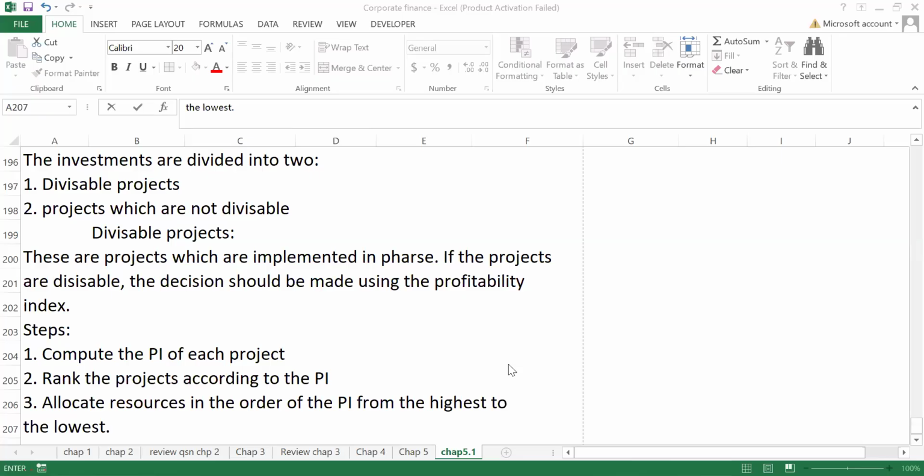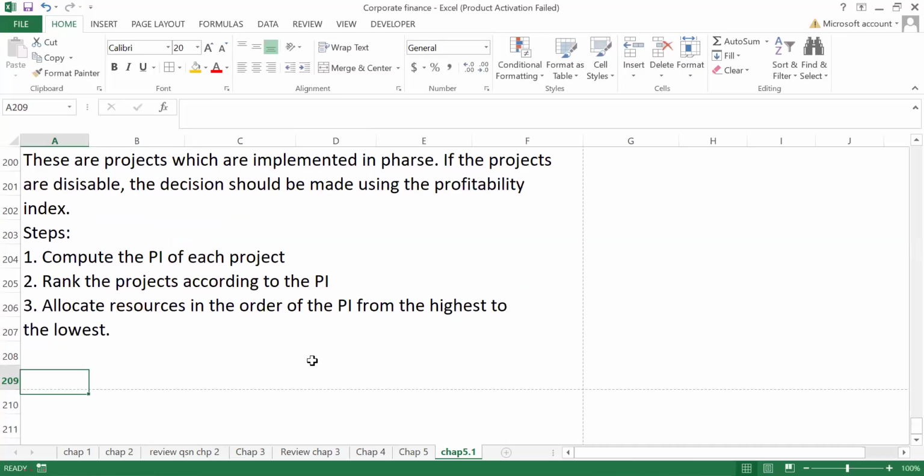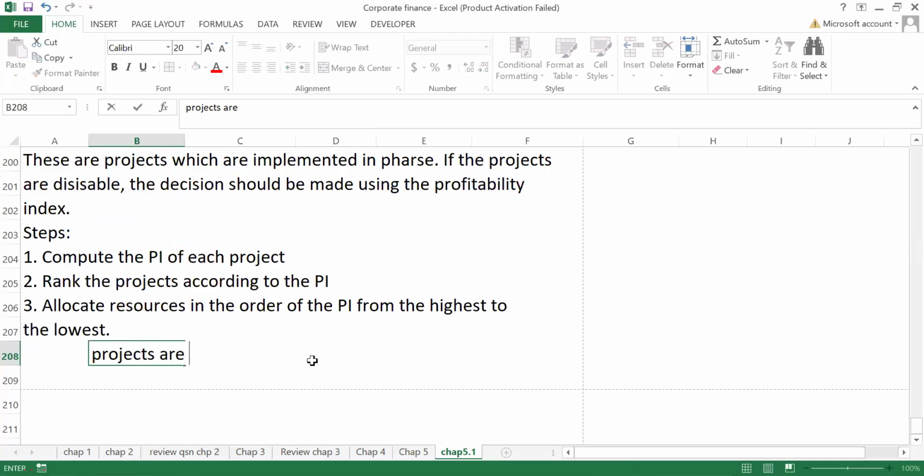Now, if the projects are not divisible, our last part, maybe when we meet again, we shall look at a simple example. If the projects are not divisible.